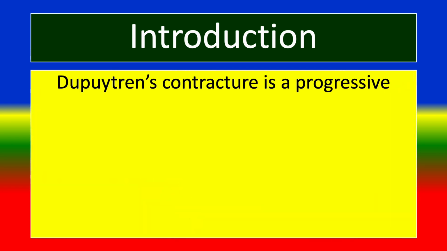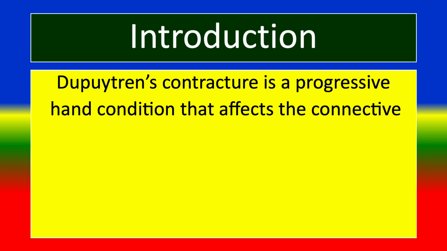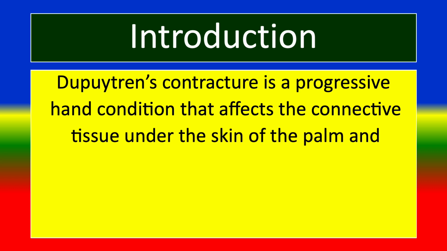Introduction. Dupuytren's contracture is a progressive hand condition that affects the connective tissue under the skin of the palm and fingers.